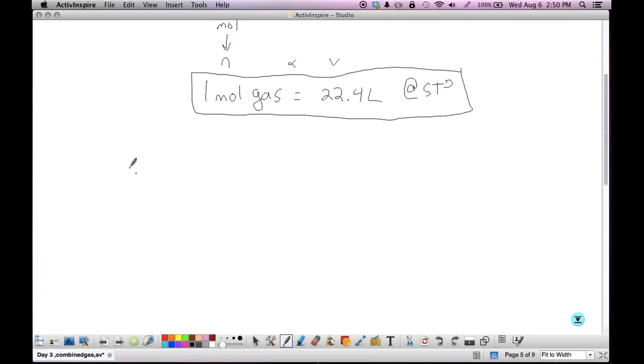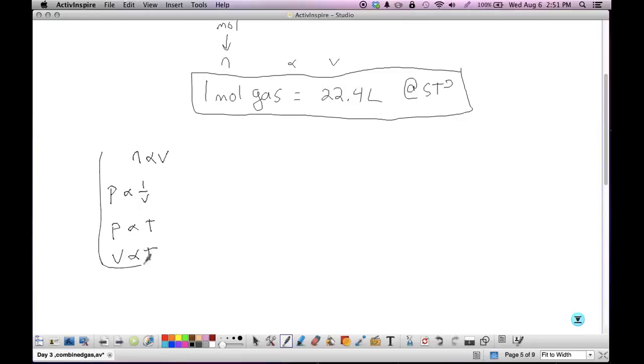Okay, what I'm going to do now is take this n is directly proportional to V and combine that with the other proportionalities we have. Pressure is inversely proportional to volume. Pressure is directly proportional to temperature, and volume is directly proportional to temperature.